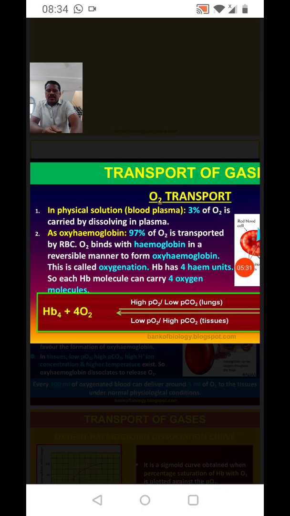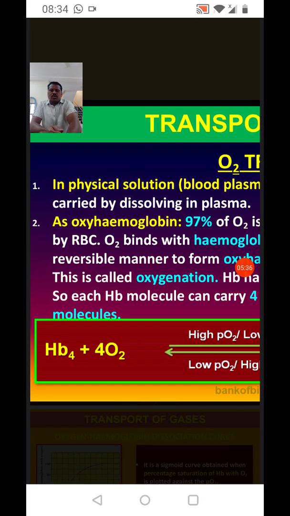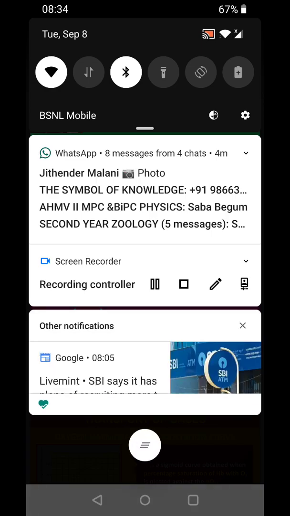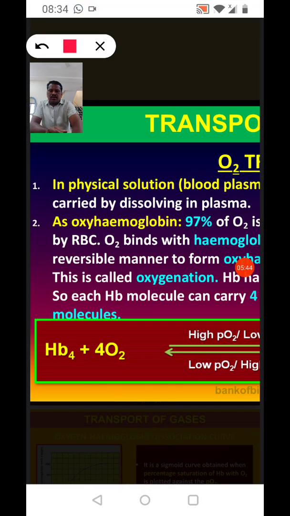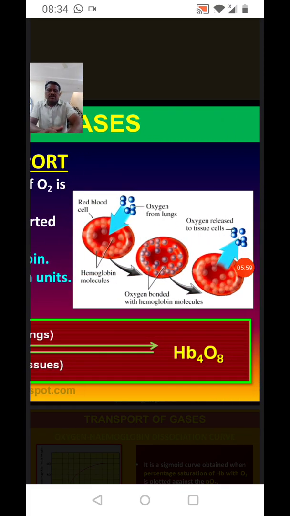And here you can see the equation. This is the hemoglobin. This hemoglobin binds with 4 oxygen molecules and forms the oxyhemoglobin.